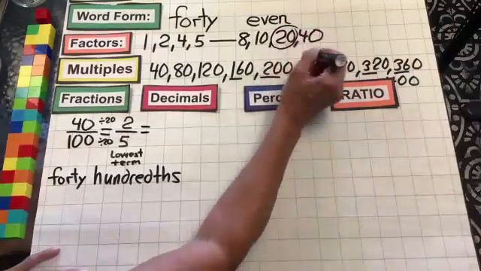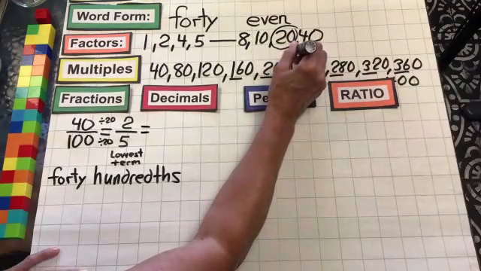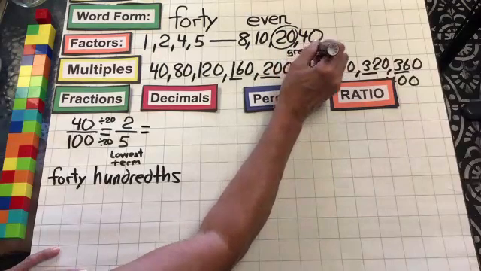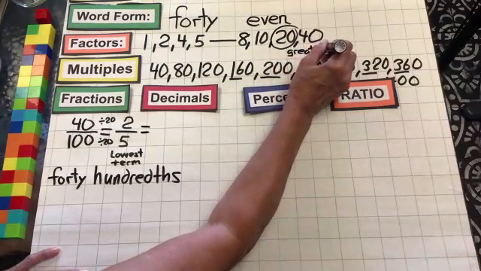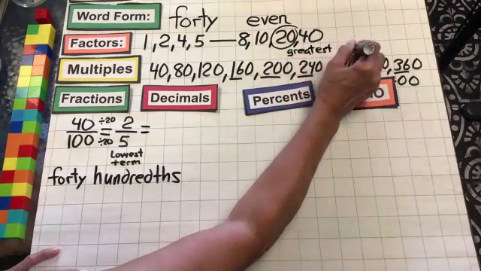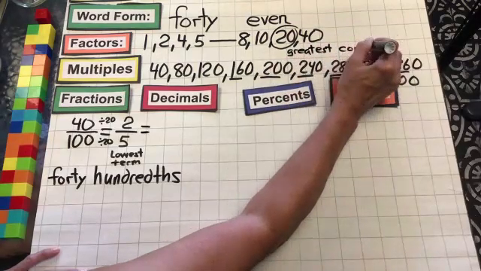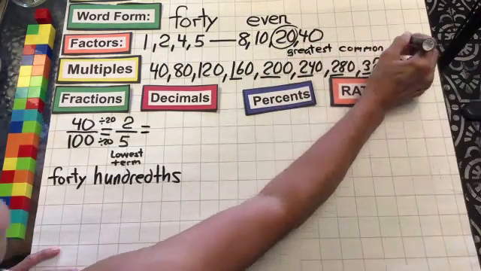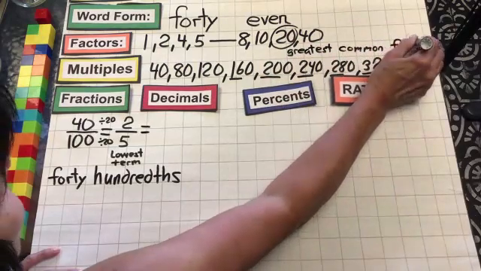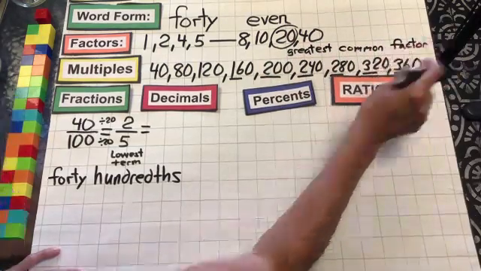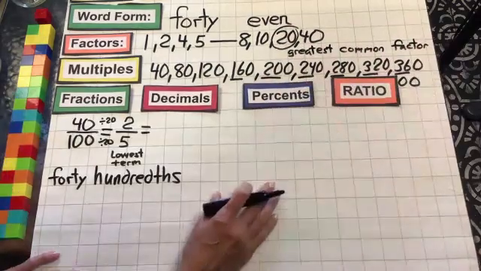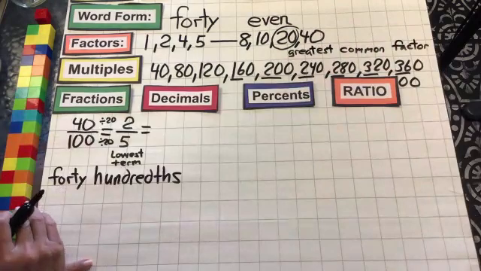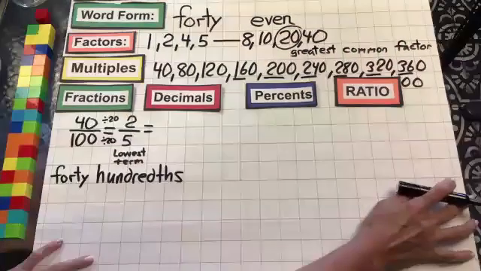So up here, circle the 20 and write greatest common factor. And you'll be learning about this when you do your fraction unit, but it's nice to kind of get a little glimpse of it. You might hear about this once or twice while we're doing it, and then it will relate.